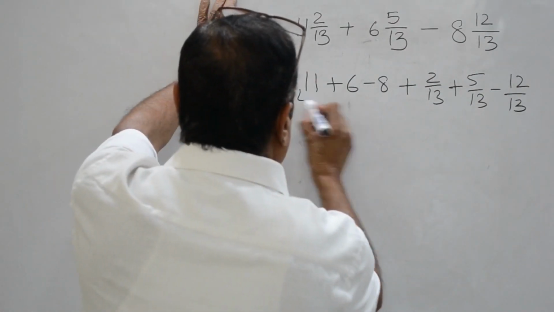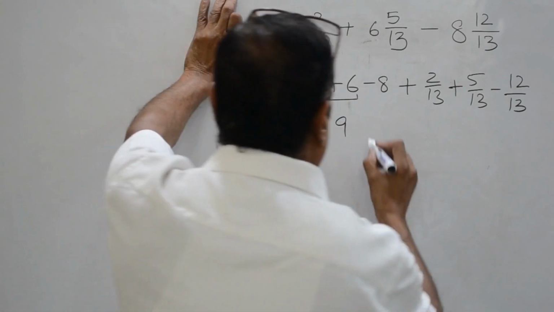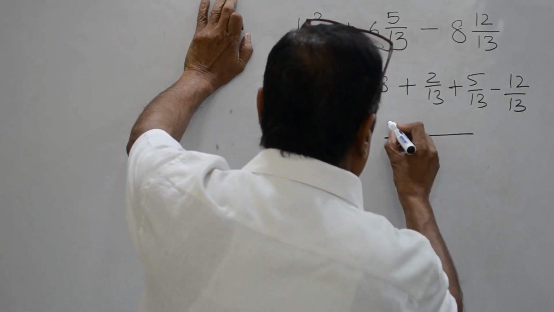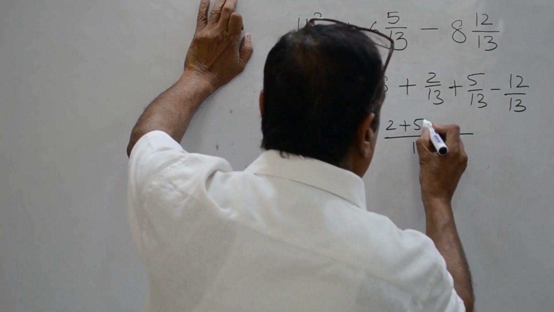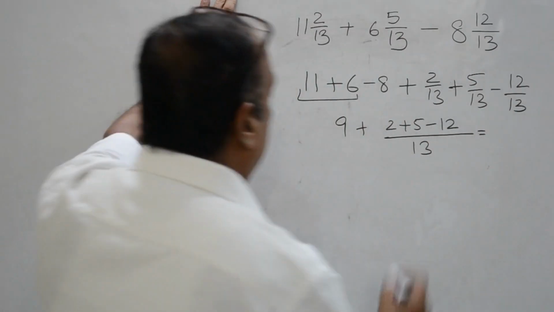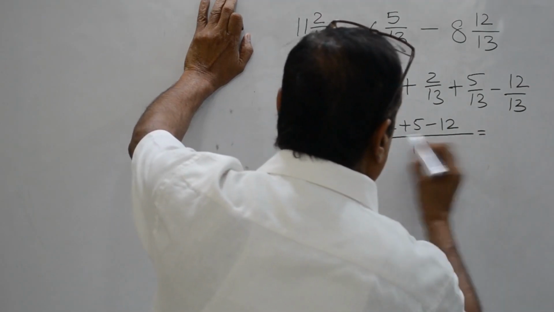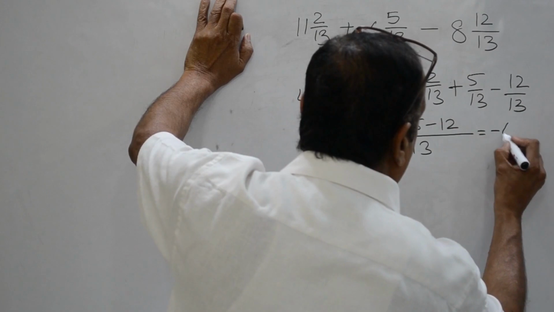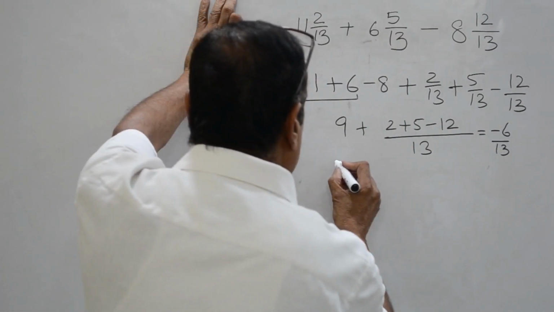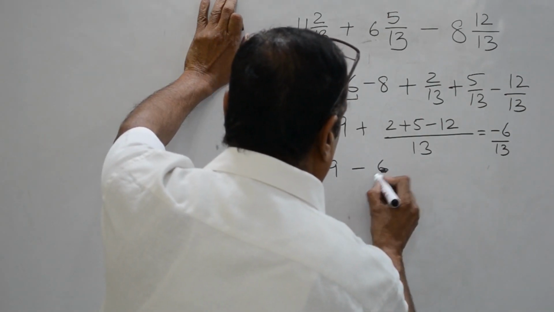So 17 minus 8 is 9, plus the fractional part becomes 2 plus 5 minus 12. So the total of the fraction part becomes 7 minus 12, so it is minus 6 over 13. So our answer becomes 9 minus 6 upon 13.